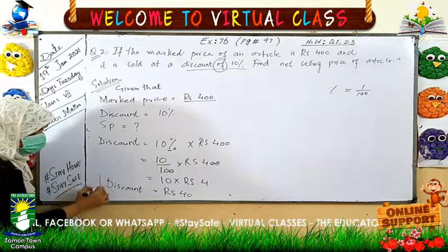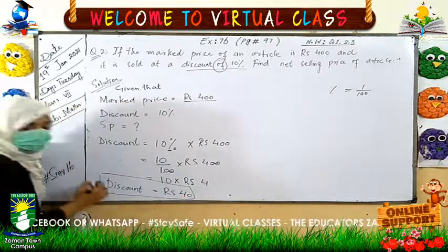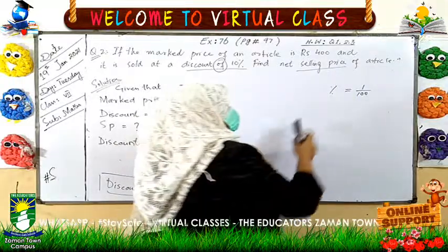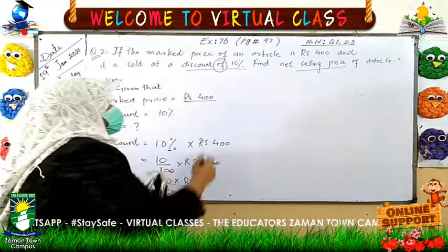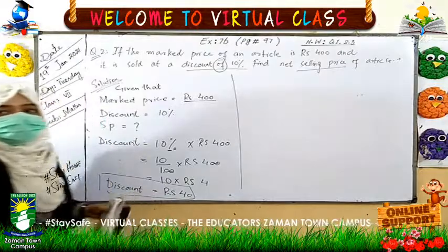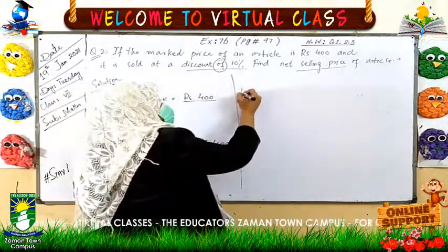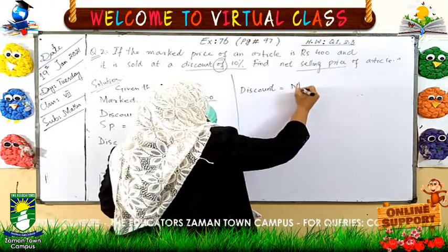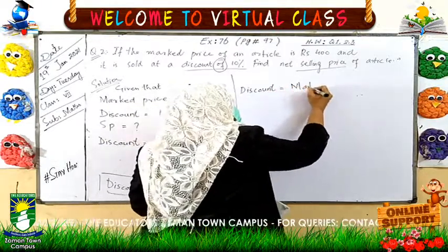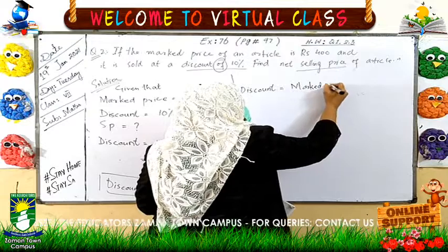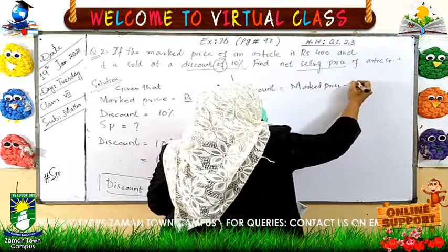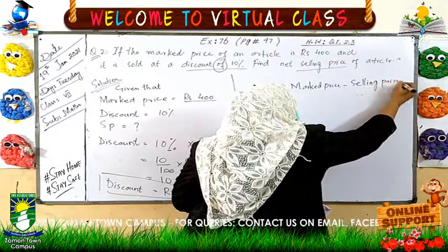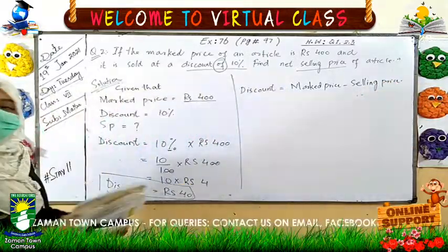Get it? It is a discount. But here you have to find the selling price. I have explained to you the formula that the discount is equal to mark price minus selling price.